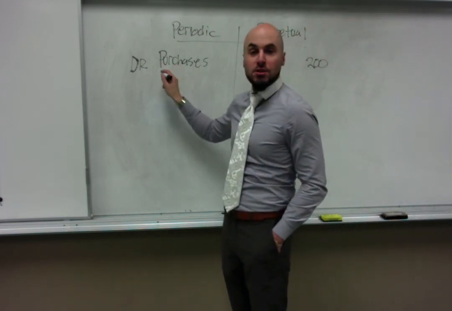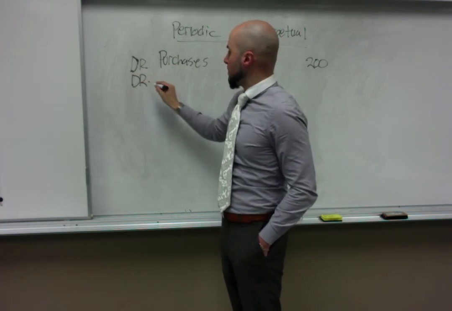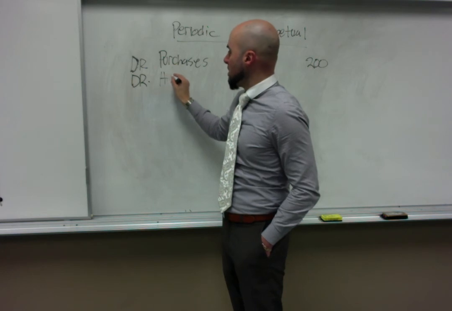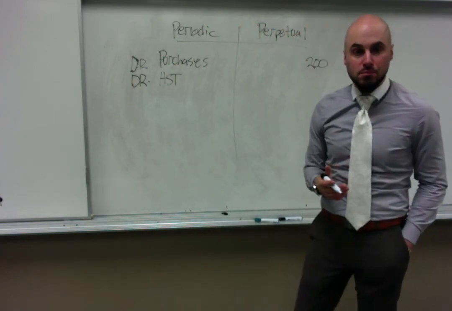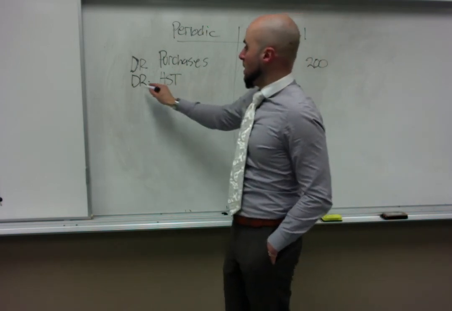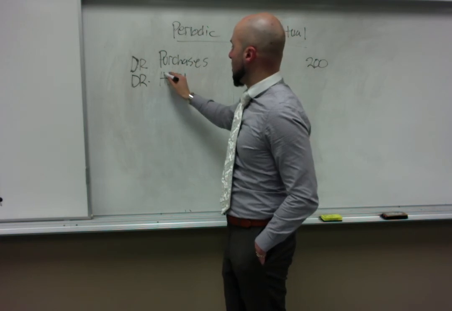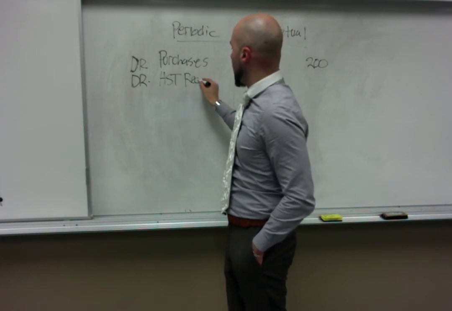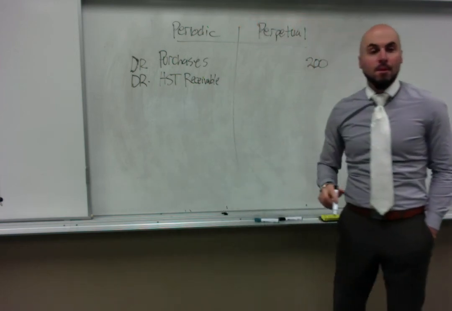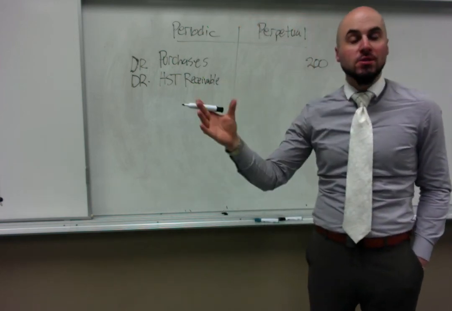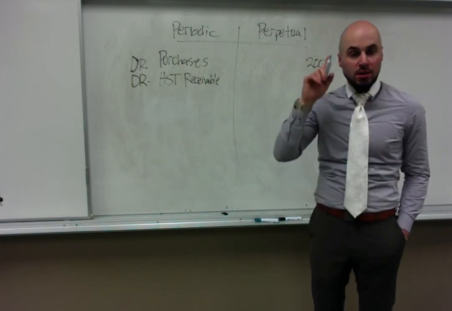So just like the purchases, debit, HST because we're using the 13%, HST receivable. Why is it a receivable? Because if we're paying it, we're going to get it back from the government. That's how you think about it.